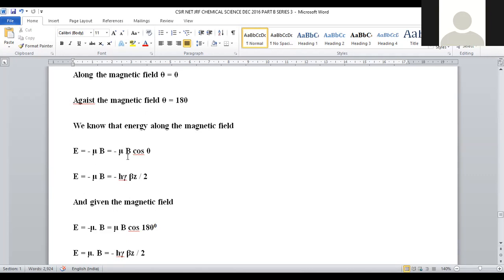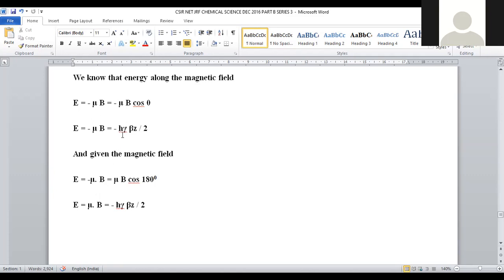So it will be given as E is equal to minus mu B cos 0, which is minus mu B. When it is aligned to the magnetic field, that is denoted with minus h cut gamma Bz by 2. If it is opposite to the magnetic field, then it becomes E is equal to minus mu B cos 180 degrees.